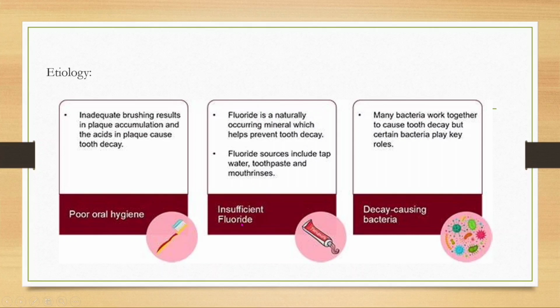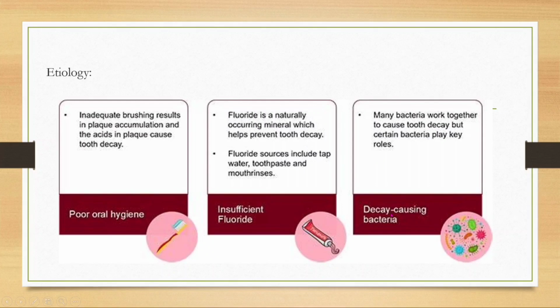And insufficient fluoride: fluoride is a naturally occurring mineral which prevents tooth decay. Fluoride sources include toothpaste, mouth rinse and normal tap water, all of which can prevent dental caries to an extent. So if you don't have a sufficient amount of fluoride, there will be chances of caries.